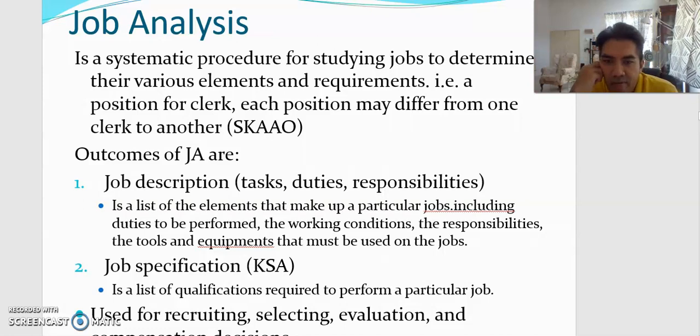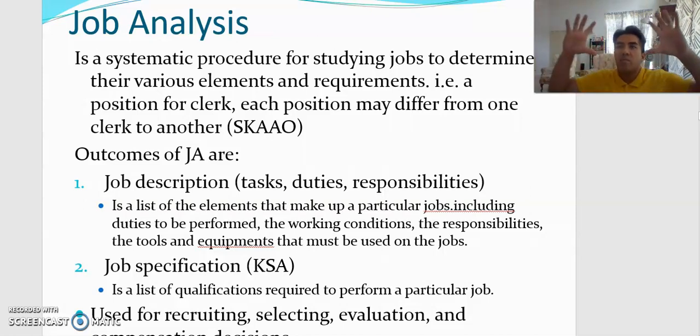It is a list of elements that make up a particular job, including duties to be performed, working conditions, responsibility, and who we are going to report to. In terms of job conditions, whether you need to work over the weekend, the working hours, and what your responsibilities are. Those are the elements we can see from the job description.